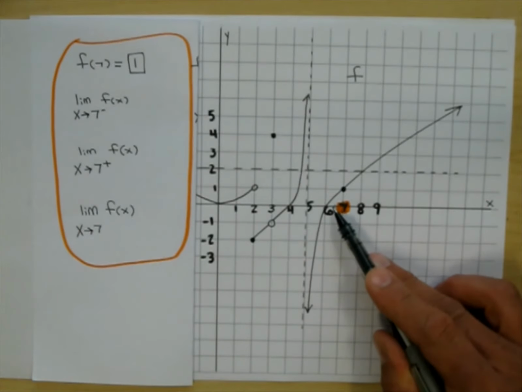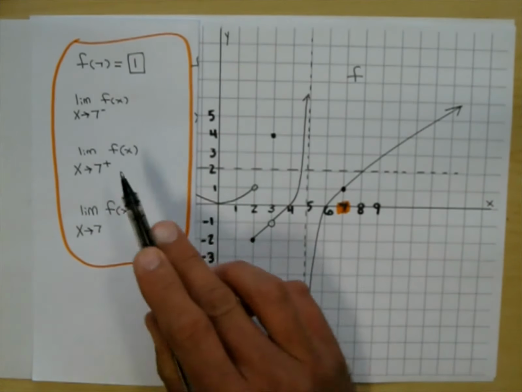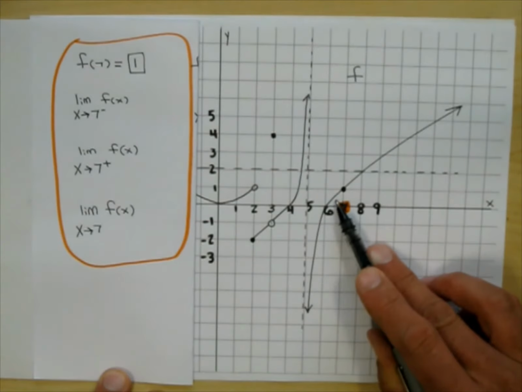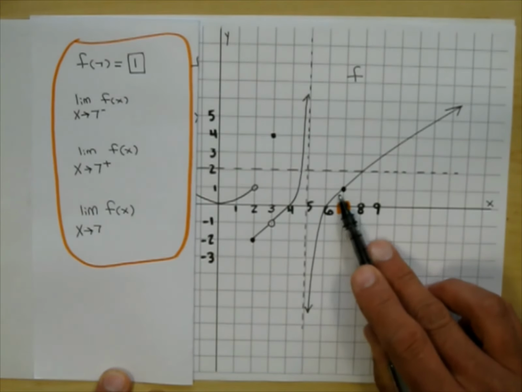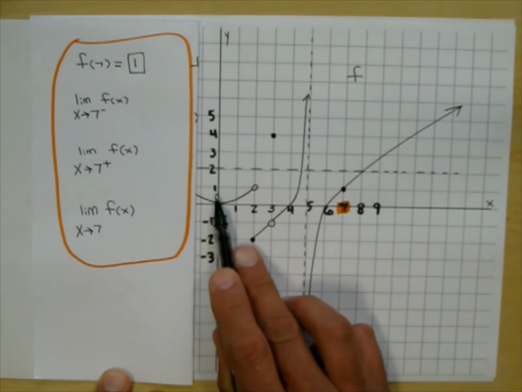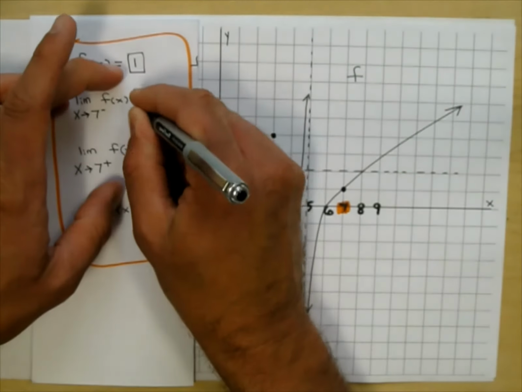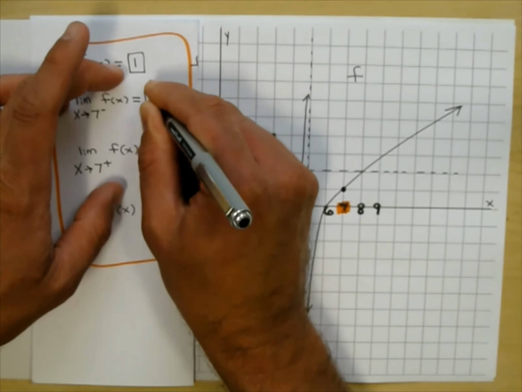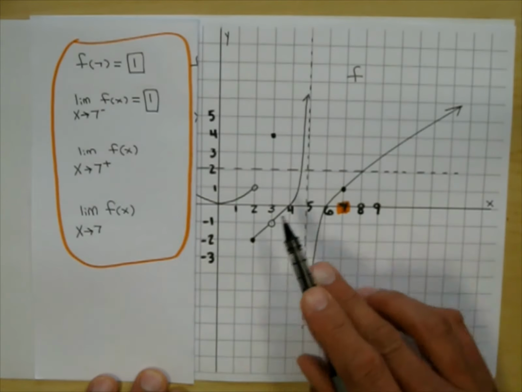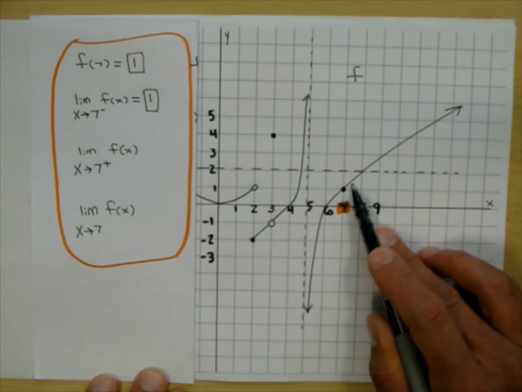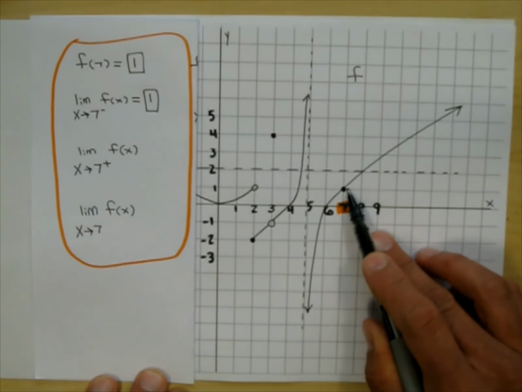Okay, now if you're a little bug walking on this graph towards 7 from the left, before you step on 7, what is your y value coming closer and closer to? Well, it's coming closer and closer to 1. And as you are a little bug walking on this graph to the right of 7, getting closer and closer to 7, right before you step on x equals 7, what is the y value you're getting closer to?